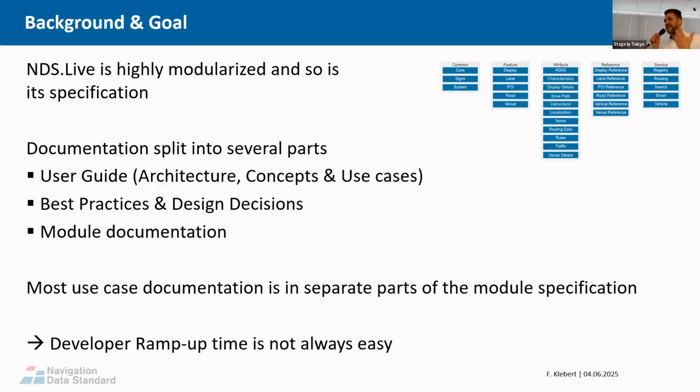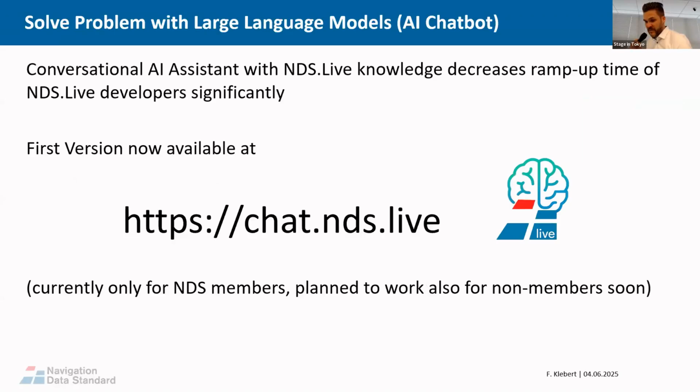Since this was not really new feedback, at the beginning of the year the NDS Association decided, hey, let's implement an AI chatbot that can help here. Because developer ramp up, that's the takeaway of this slide, is not always easy, right? This is the feedback we're getting constantly also on Slack, that, okay, I think I got it, this and this and that, and then we figure out, yeah, but you missed reading that, and so on and so forth. So to simplify all that, AI to the rescue.